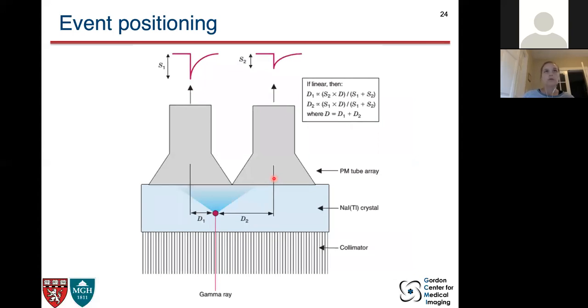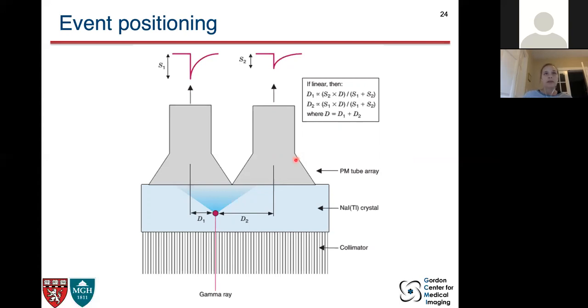So this is how events are positioned inside the gamma camera. We have our scintillator crystal, our collimator, and our photodetector, which is an array of photomultiplier tubes in this case. This event positioning method is called Anger logic or center of gravity.